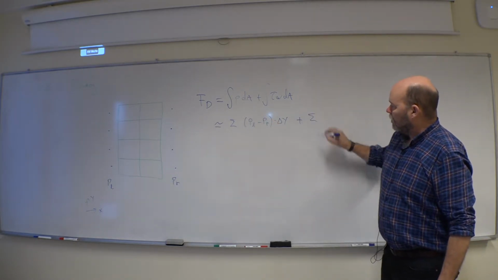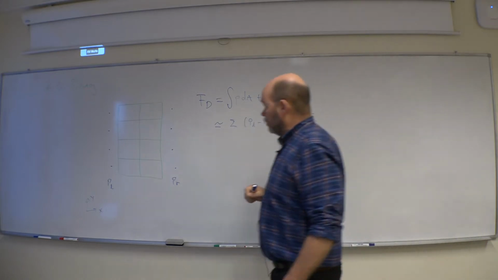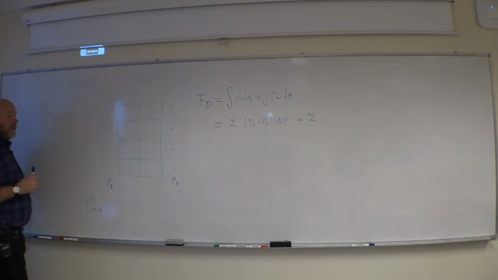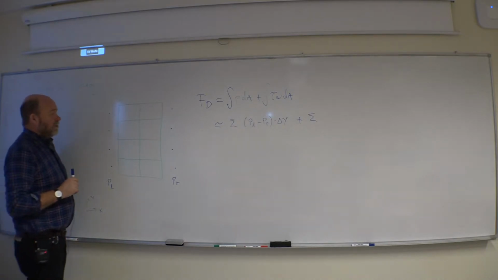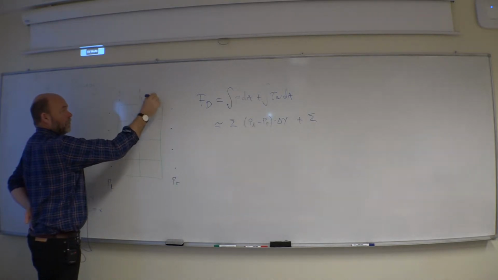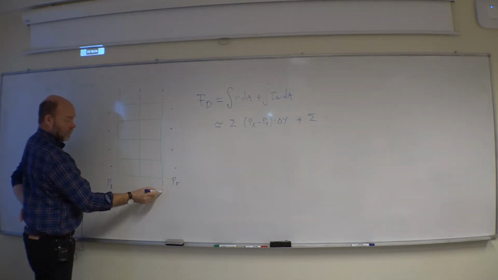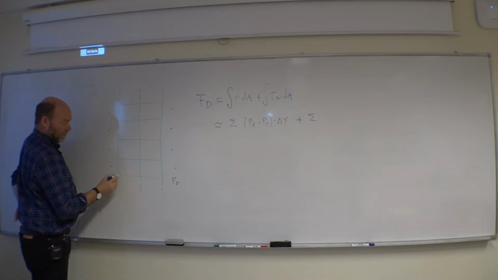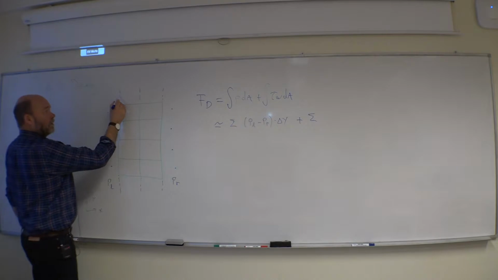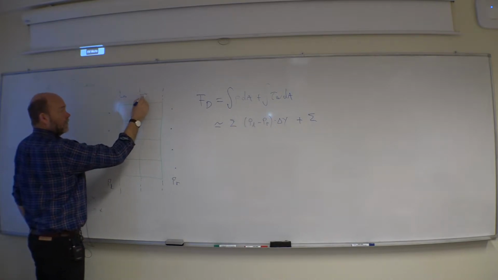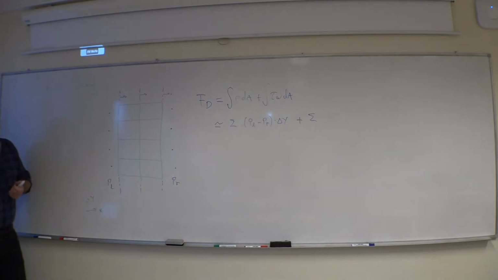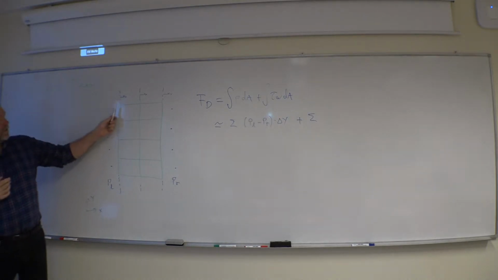Plus, and then we are going to need the wall shear stress. How can we find that one? Well, in the staggered mesh system outside, you will have the streamwise velocity located in the middle of these cell faces, the delta y's.